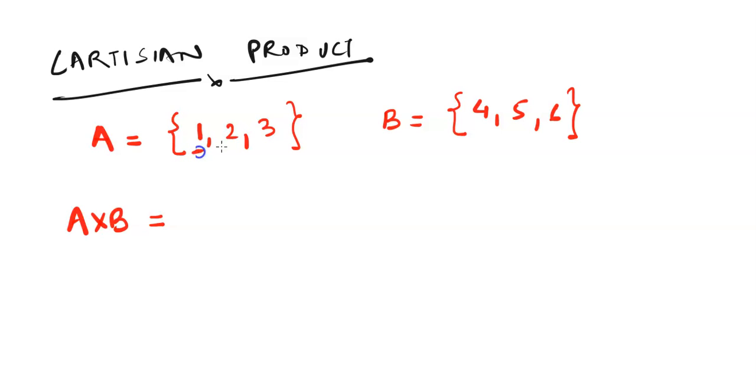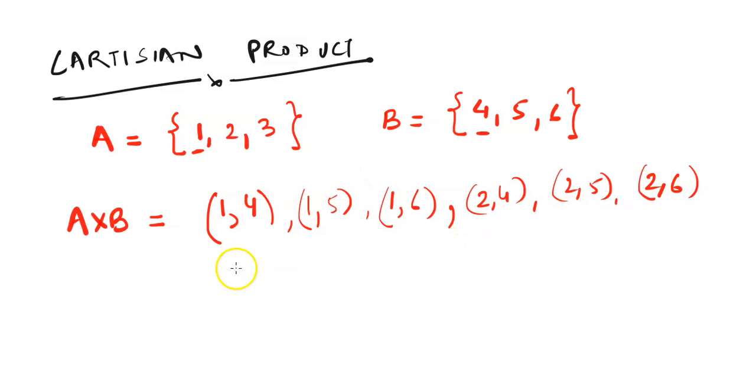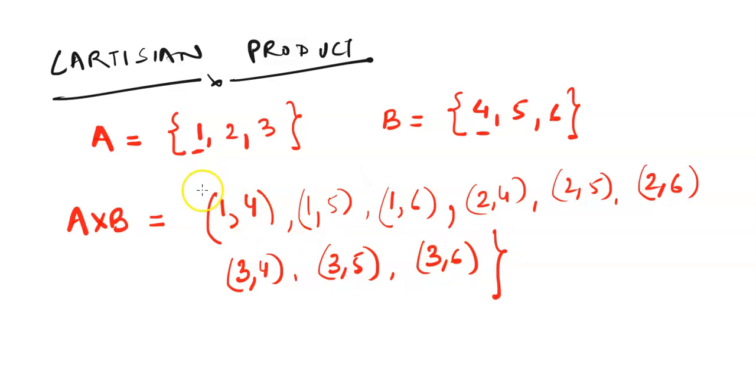Each element of A is combined with each element of B. So 1 is combined with 4, 1 is combined with 5, 1 is combined with 6, similarly 2 is combined with 4, 2 is combined with 5, 2 is combined with 6, 3 is combined with 4, 3 is combined with 5, 3 is combined with 6. So this is A cross B.